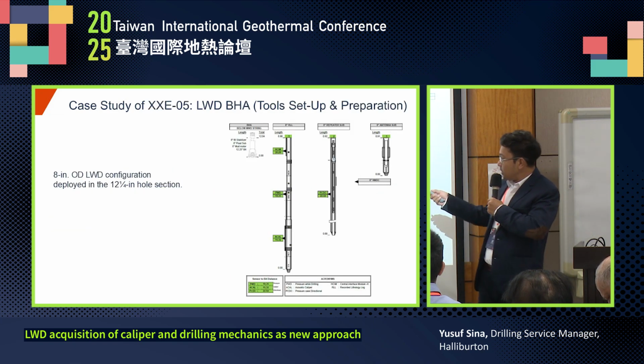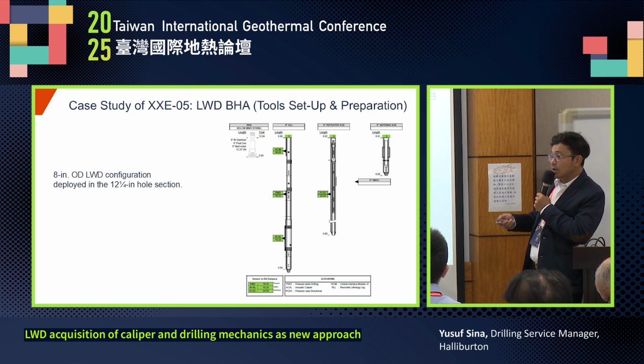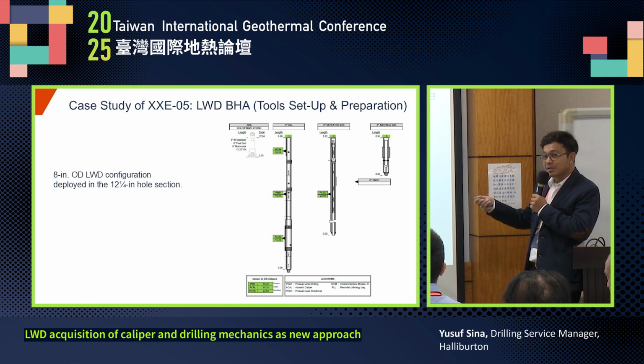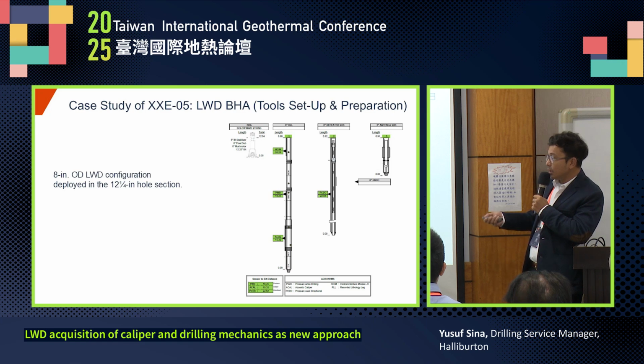Okay, I'm going to jump into the configuration of the LWD tools. In this well, we are using a mud motor BHA, and on top of that, we have a float sub and stabilizer. This small figure simplifies the tools below our LWD.